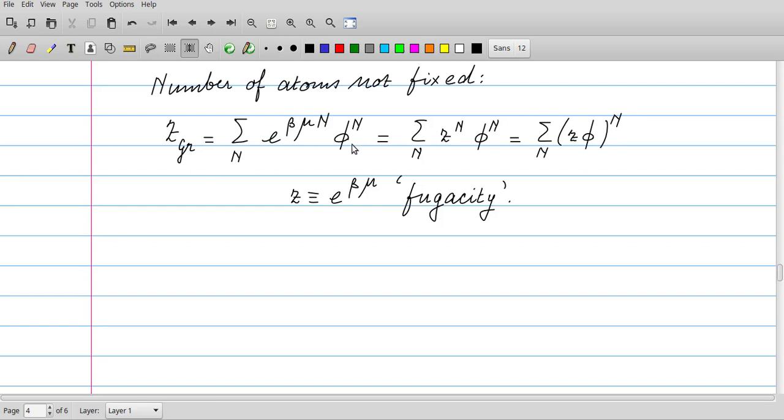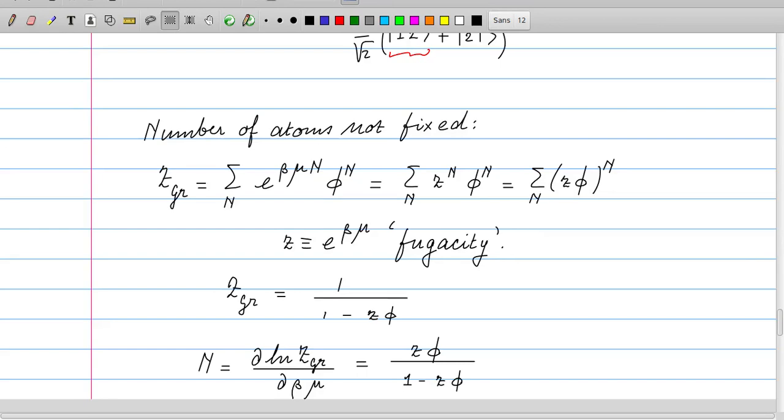So this is the grand canonical partition function. It's very often written in this particular form, the sum of z to the power n phi to the power n, where z is defined as e to the power beta mu. That's this factor here, and it has a name: it's called the fugacity.